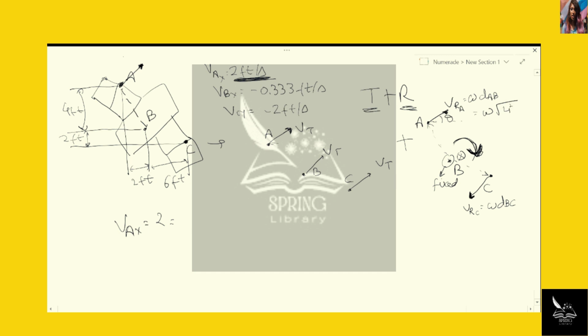So that's 4 squared plus 2 squared, because this is a right angle triangle, and this is 4, and this is 2. So DAB will be the square root of 16 plus 4, which is the square root of 20. We can write it as the square root of 4 times 5. The 4 can come out of the square root, so it will be 2 omega square root 5.